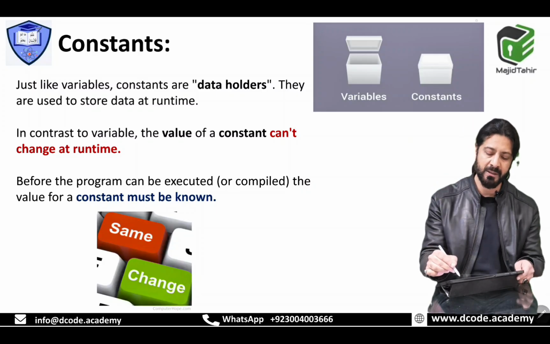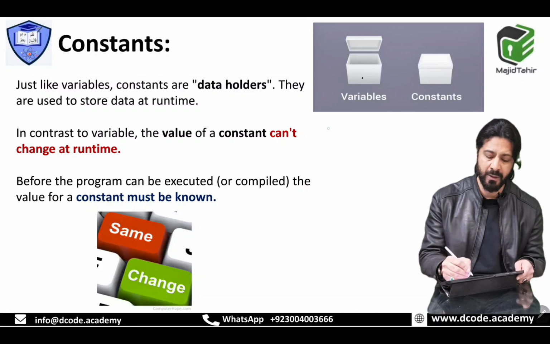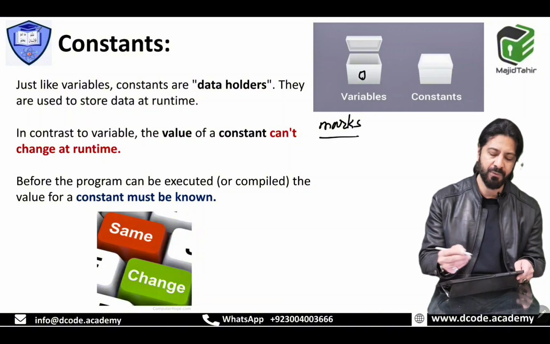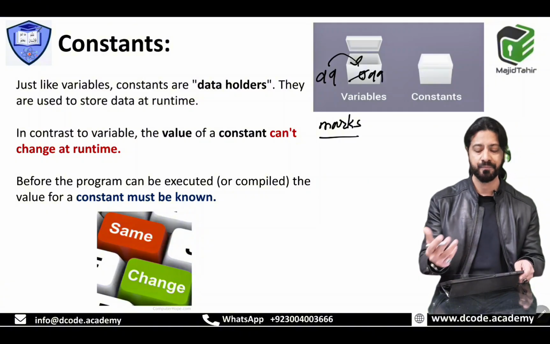Normally, when a programmer is making a variable, programmers initialize the variable's value as 0. For example, if a programmer is making a variable of marks, normally it has 0, then the user inputs something in it. The user inputs his marks. For example, the user will put 99 in it, so the marks will change and 99 will go in instead of 0. Now it will hold 99.